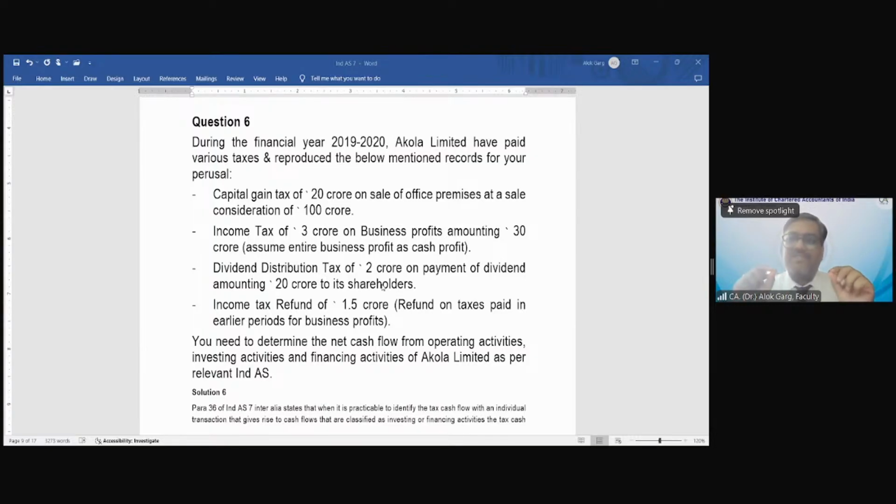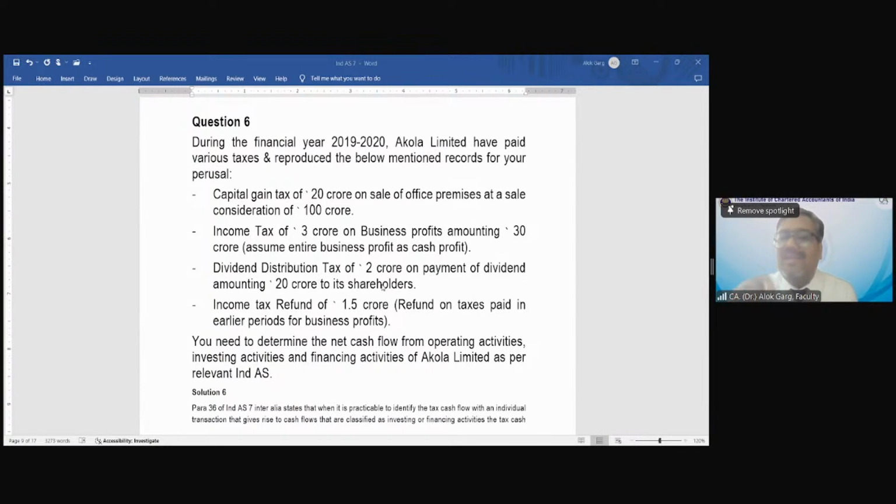But if the question states which activity the income tax belongs to, for example, in this question it is very clear that the capital gain tax of 20 crore is on investing activity. Clear? The 3 crore tax is on operating activity. The 2 crore tax is on financing activity.